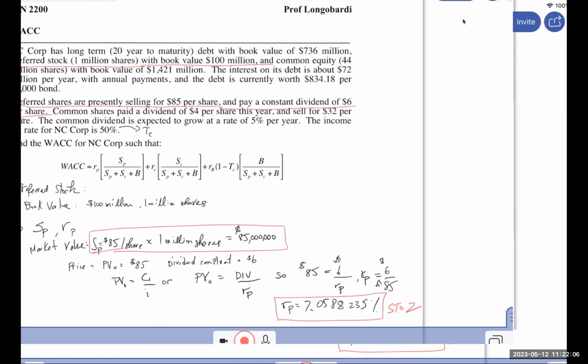So I'm gonna go with P. So this is store 1, store 2, and this is store 3. Okay, so everything is in my calculator and I'm ready to do this.